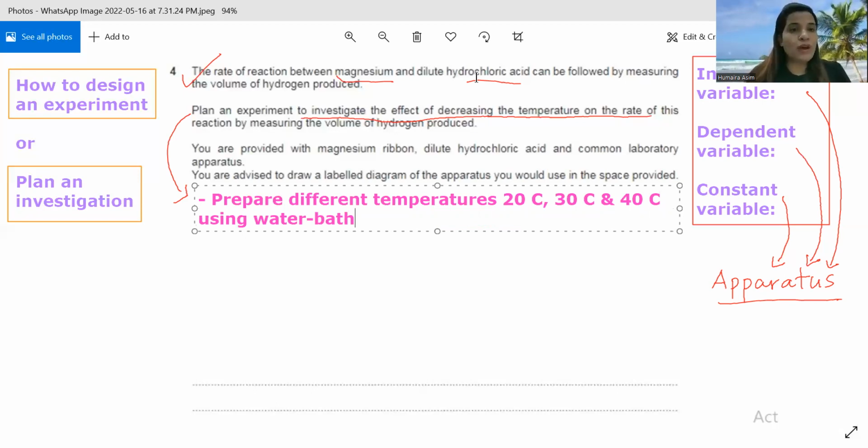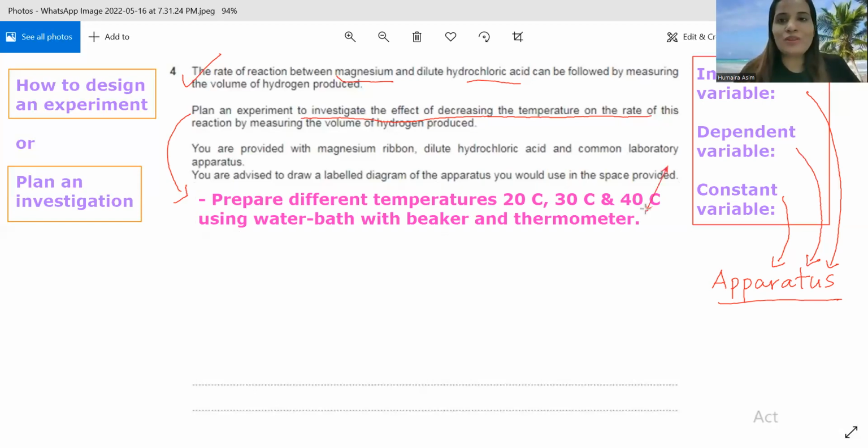How? With beaker and thermometer, right? Okay, you can use that. So this is your very first point, means your independent variable is done, right? Independent variable is done. I will be connecting it.